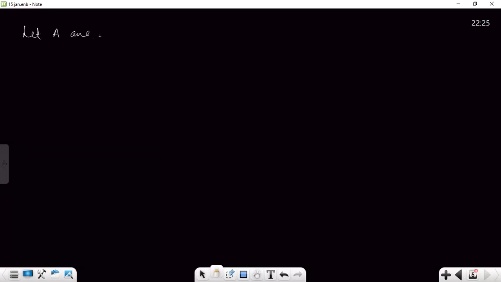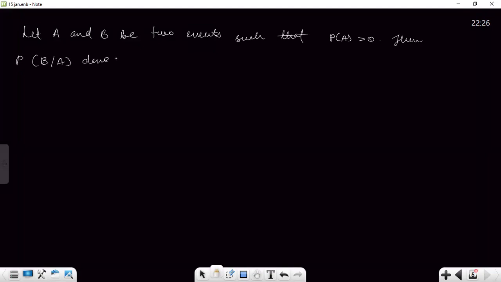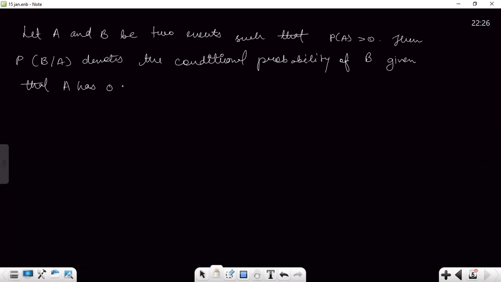Let A and B be two events such that probability of event A is more than zero, means it's not an impossible event. Then P of B given A denotes the conditional probability of event B given that A has occurred.